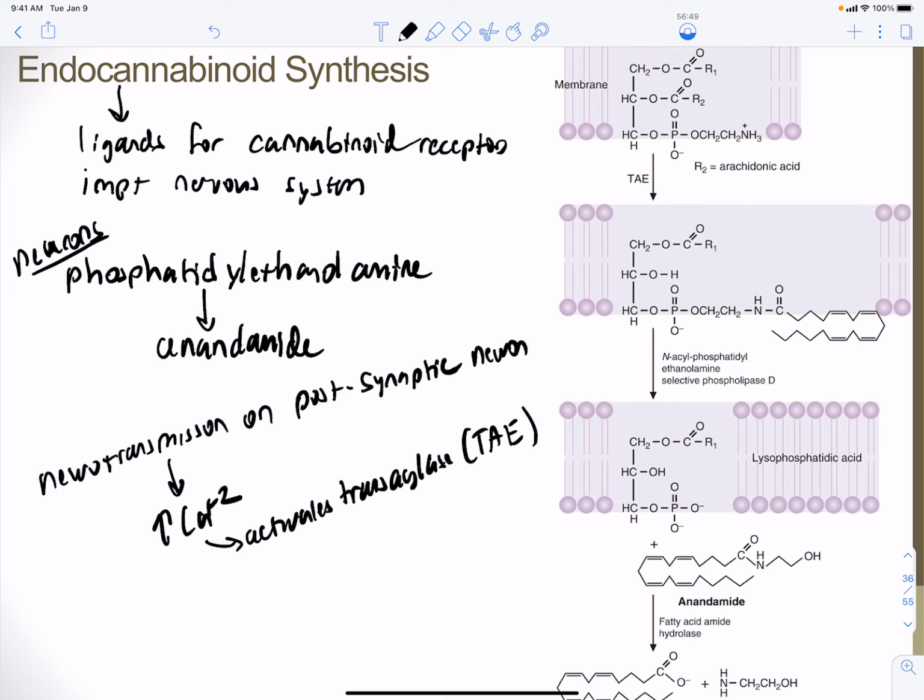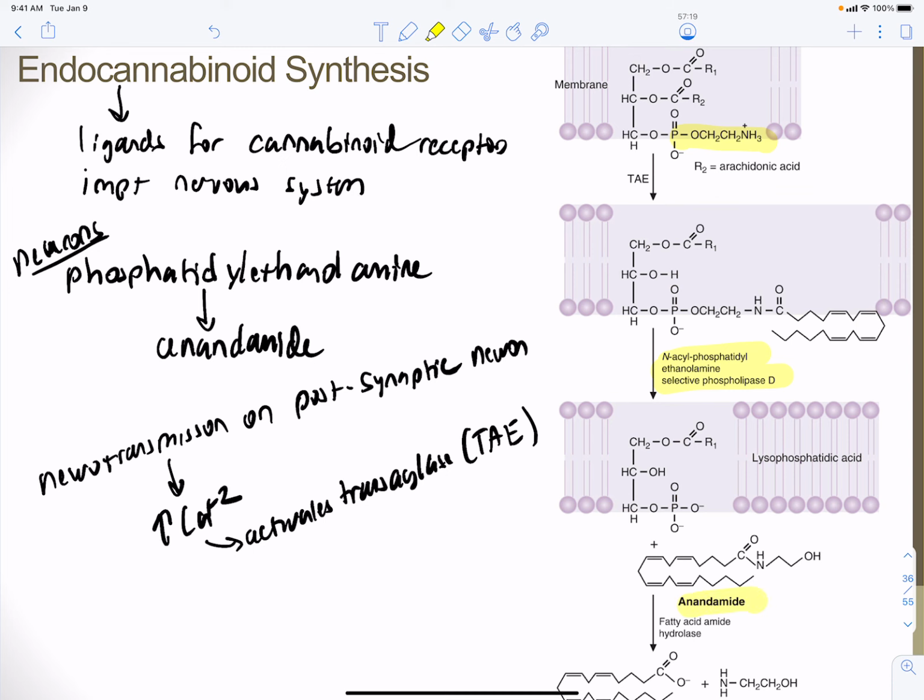And then your phospholipase D, remember phospholipase D is going to cleave whatever's attached to this phosphate group here, right? So phospholipase D is going to cleave your NAPE, which is this product, into an anandamide here.